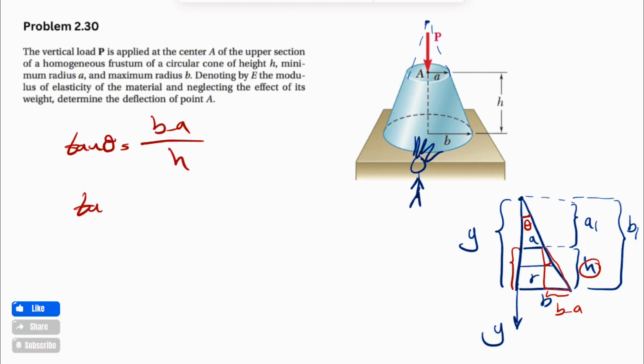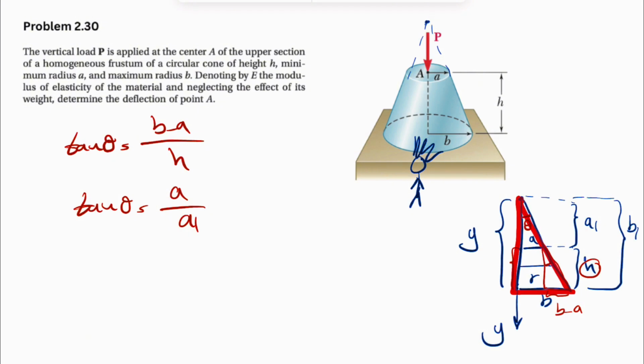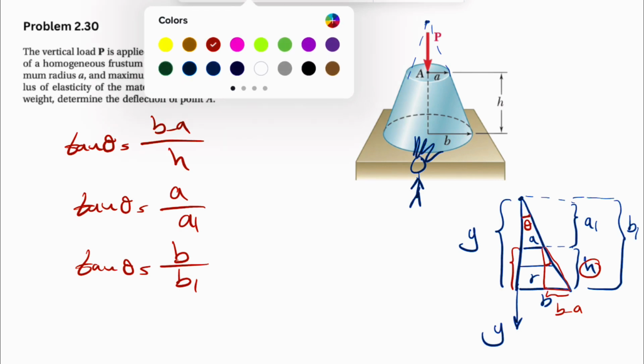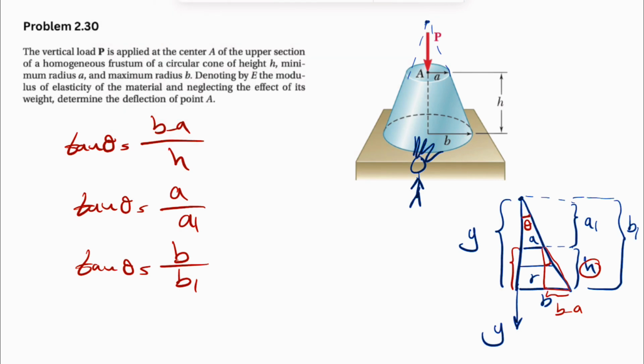And we also know the tangent of theta in here can be written as a over a1 if we look at this right triangle here. And it can be also written as b over b1 if we look at this right triangle. Or if we go with our y and r, I'm going to highlight this one in yellow.